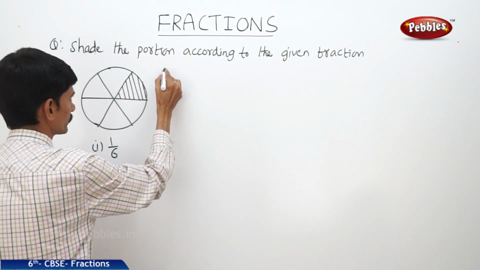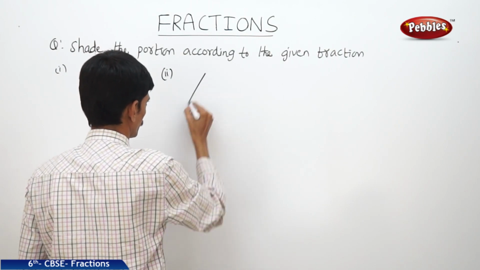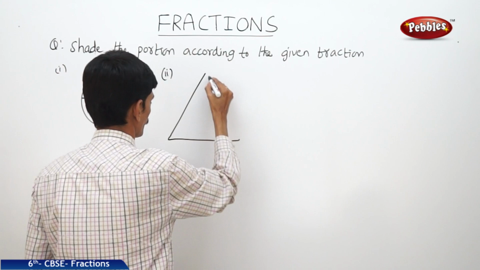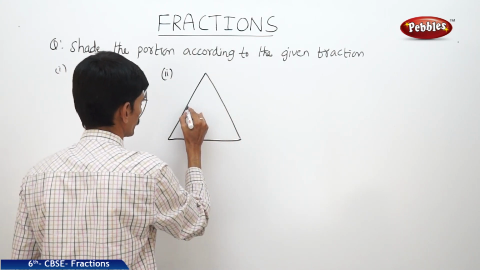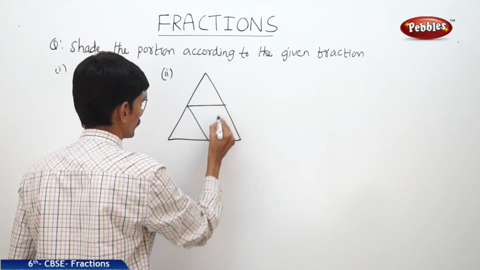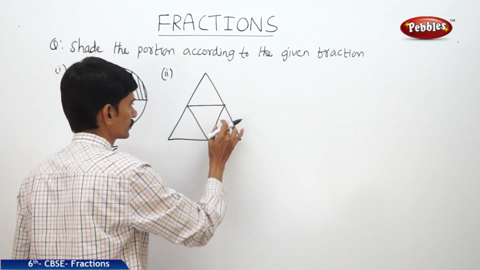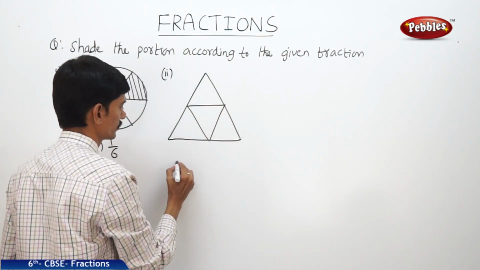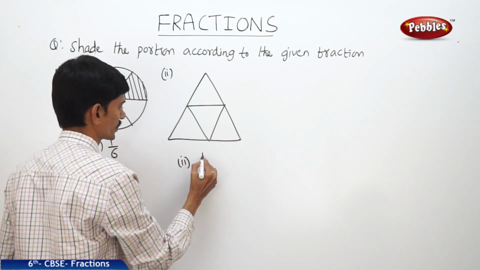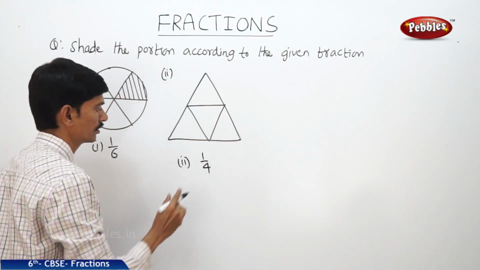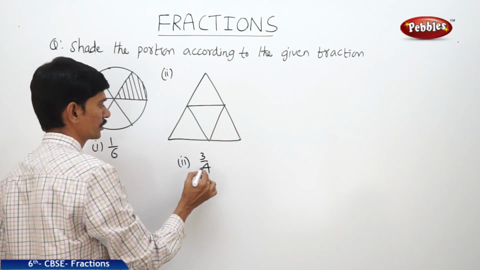The second: now there is a triangle divided into 4 equal parts. So here if it is given as 1 by 4, or if it is 3 by 4, then we have to shade 3 parts out of 4.